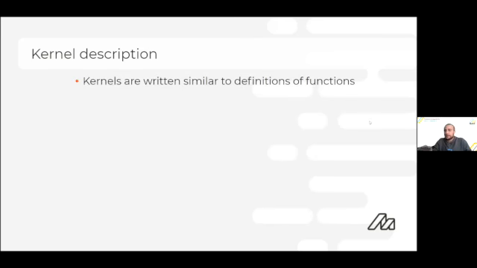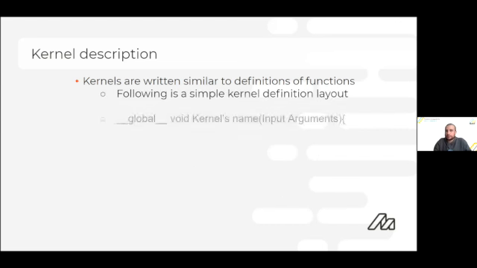So let's get into the description of what a kernel is. As I mentioned, kernels are those parts of the program that we are going to run on the GPU. So we are going to abstract away what we are going to run on the GPU as a simple function that we refer to as a kernel. If you're familiar with C programming, just don't look at this global directive.